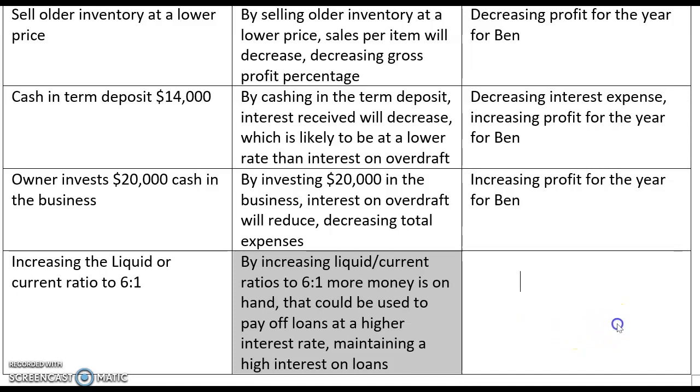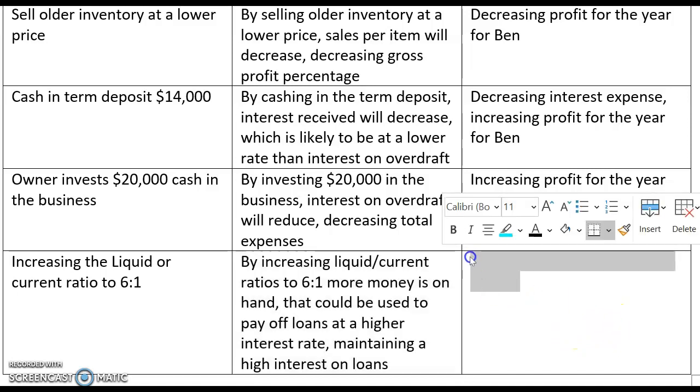By maintaining such a high level of liquidity, you decrease profit, because if you paid off the loans with that extra money, you would pay less interest and therefore have higher profit. You could also invest in property, plant and equipment that will increase sales. So having a high liquid ratio is not necessarily a good thing for the business.